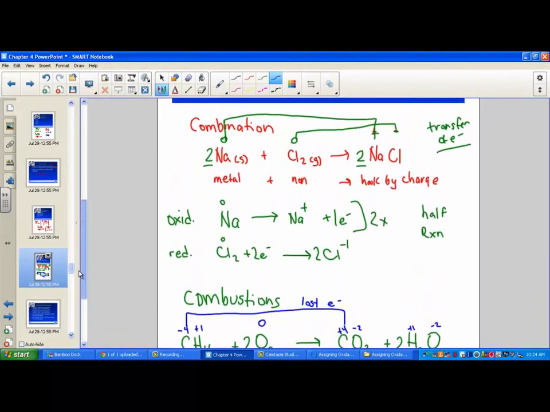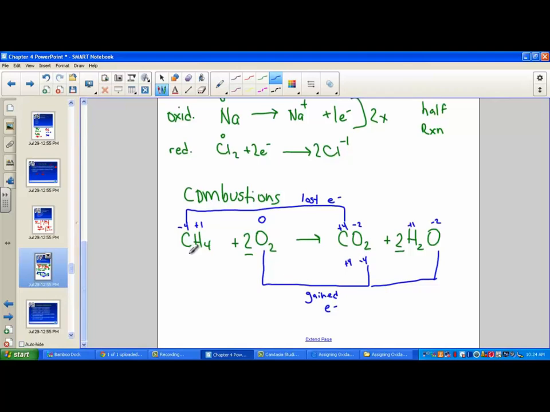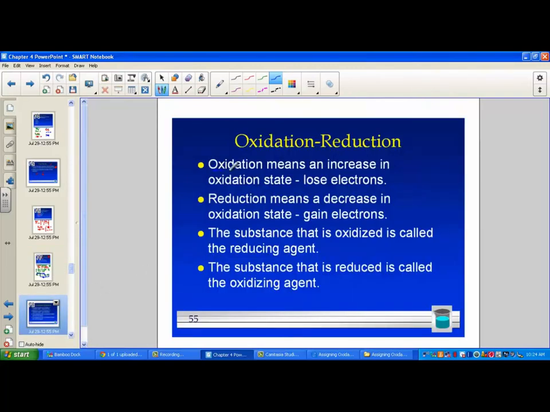So with our very first exposure to redox reactions, we looked at a combination pattern and we looked at a combustion pattern. Both of these have a larger umbrella called a redox reaction that describes any type of reaction where charges or oxidation numbers change on an element from the left to the right-hand side. So oxidation means an increase in the oxidation state, becoming more positive on the number line.